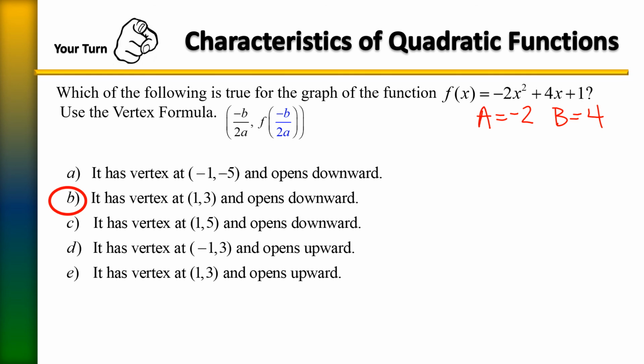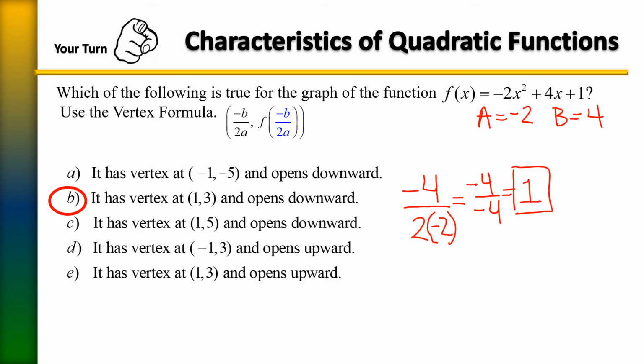So to get your x value, you have to go negative b over 2a. So that's negative b, which is 4, over 2 times a. a is negative 2. So what you wind up with is negative 4 over negative 4. Negative divided by negative equals a positive. So our x value is 1.